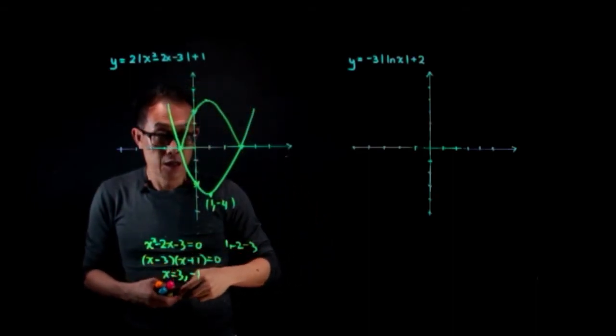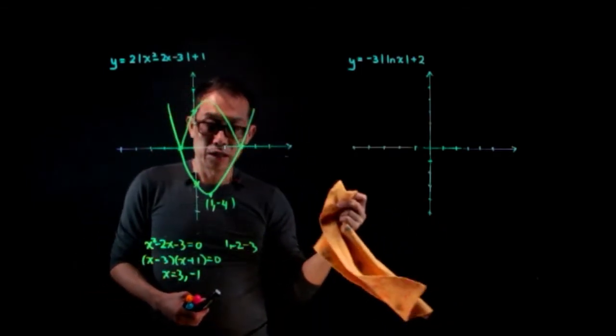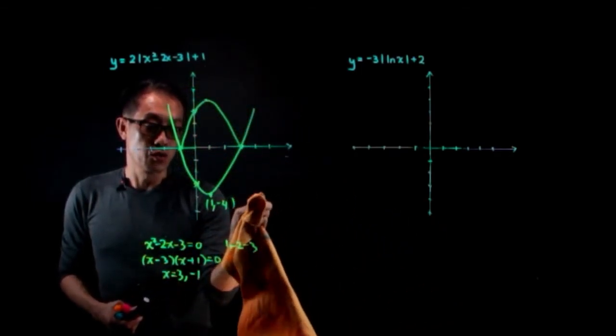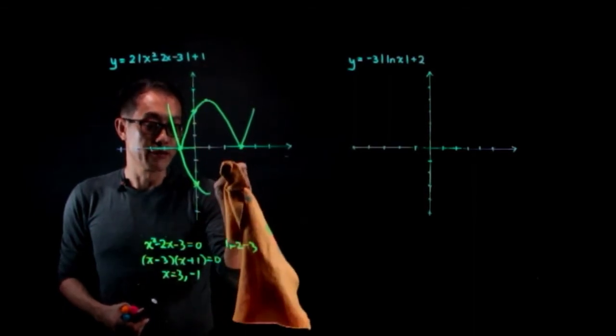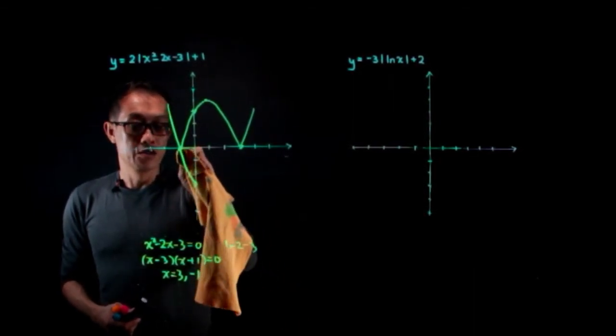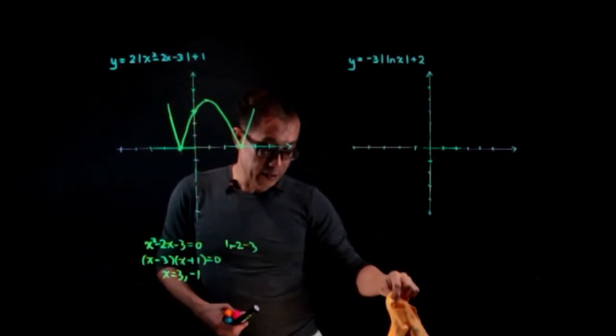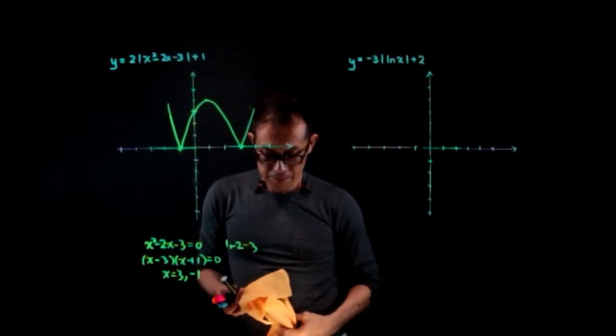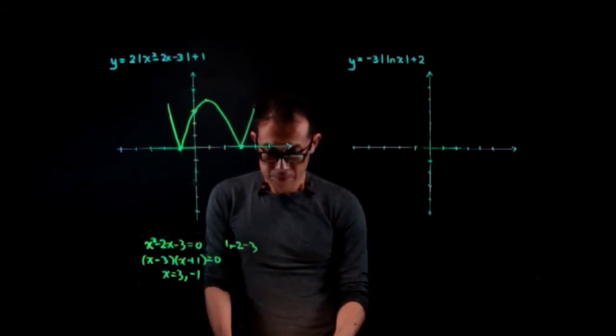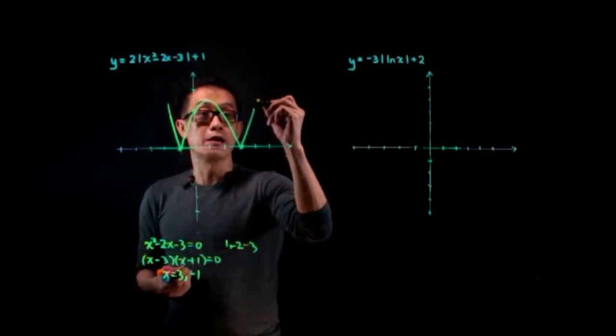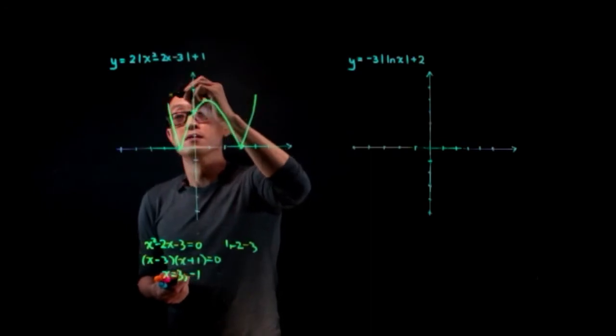Okay? Now the one below the x-axis will no longer be there because it's being reflected upwards already. So let me just erase it so that we will not be confused by it. Okay, let me extend this.